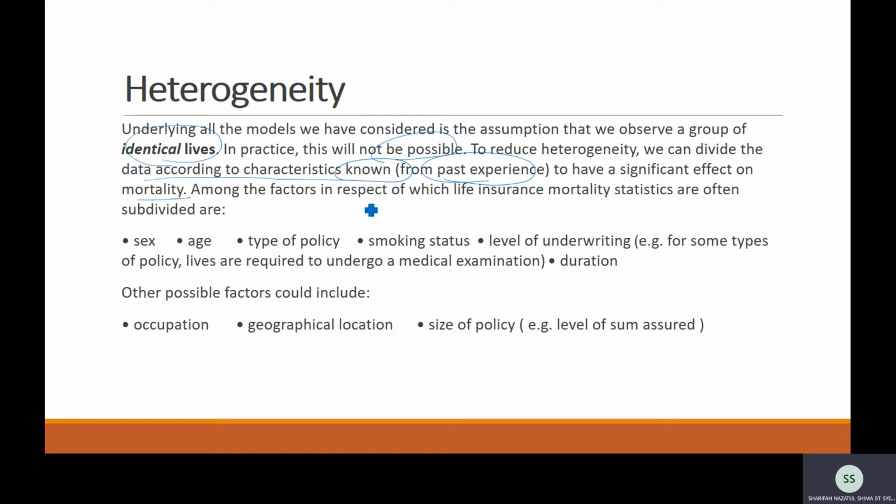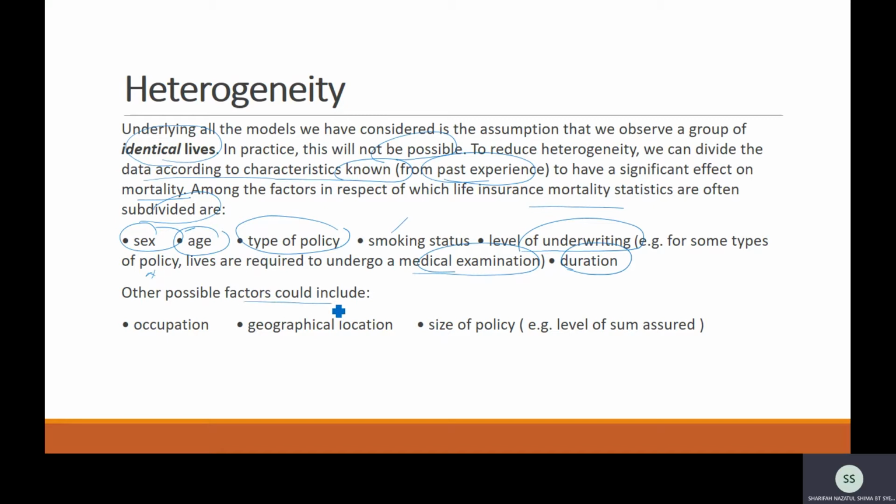Among the factors by which life insurance mortality statistics are often subdivided are sex or gender, age, type of policy, smoker and non-smoker, and level of underwriting. Level of underwriting matters because for some types of policy, lives are required to undergo medical examinations, and also the duration of the policy.